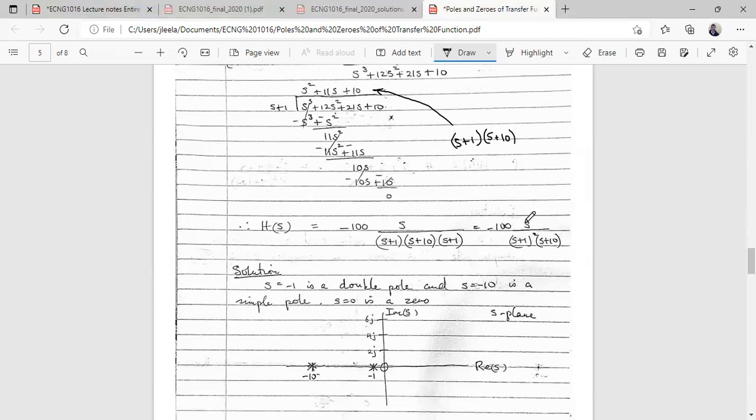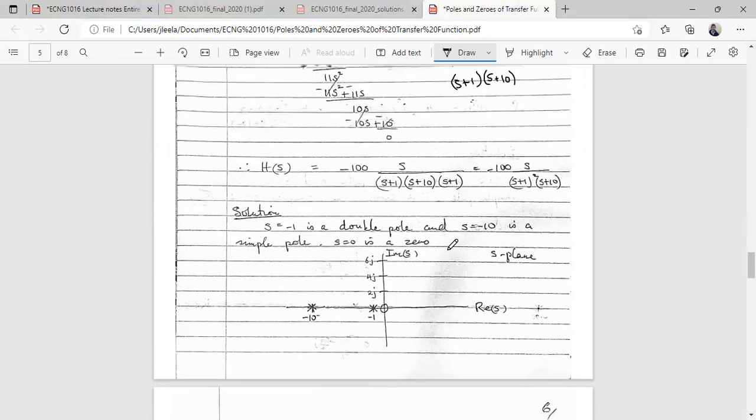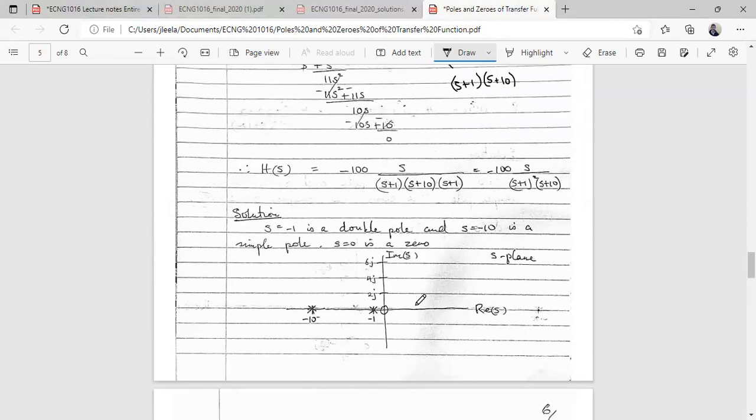In the numerator, for that to be 0, s equals 0 is a zero. So when you're plotting that on the s-plane, s equals 0 is your zero, indicated by O, and your poles by X.